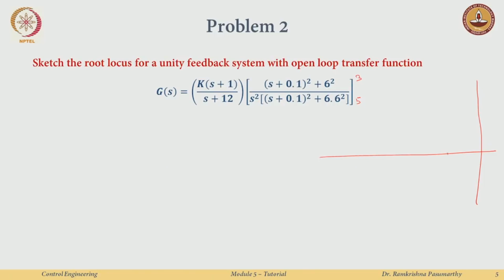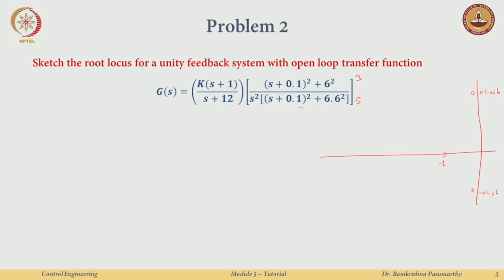I have a 0 at minus 1, and then another 0 at 0.1 plus j6, and another 0 at minus 0.1 minus j6.